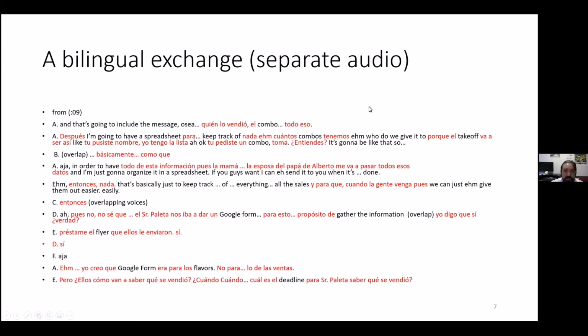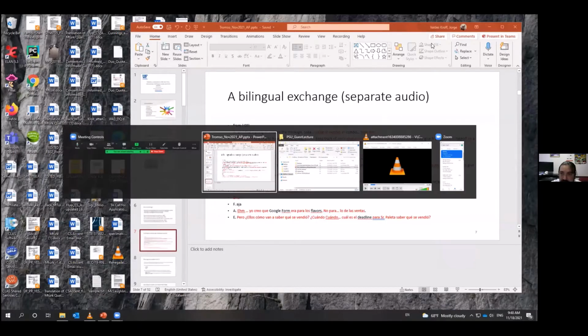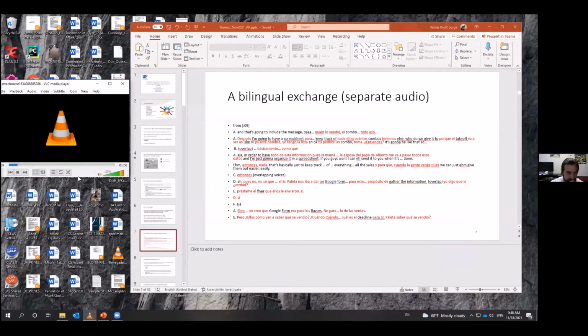So let me try to make this a little bit more concrete. I think that I need to unshare for a second to make this work. Actually, let me do it this way. All right, I know you can see this in the draft mode, but that's okay. I just want to play an audio. Let me know if you can't hear this audio clip.